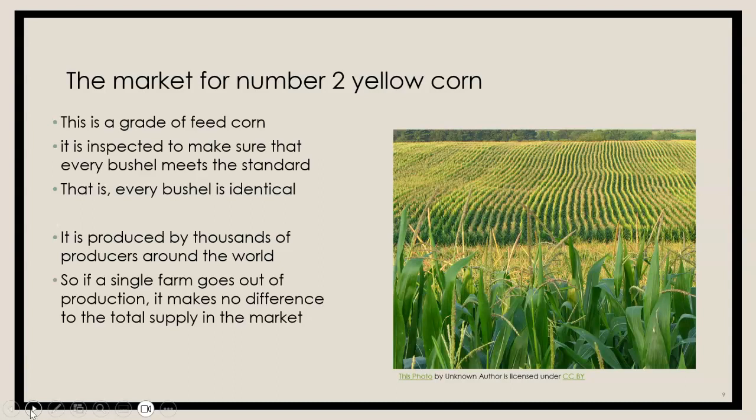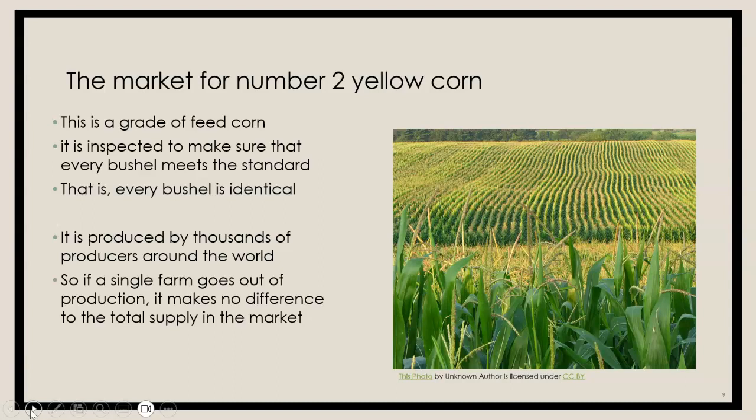Notice that the fact that this is inspected to meet certain characteristics means that every bushel of number 2 yellow corn is exactly like every other bushel of number 2 yellow corn. That's the whole point of inspecting and giving it the standard. So we have a homogeneous product here.